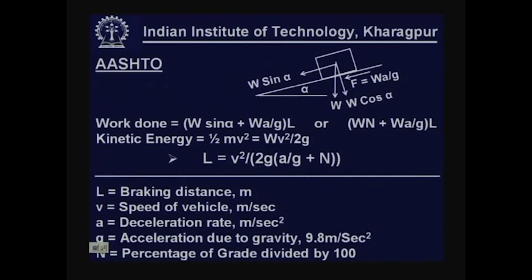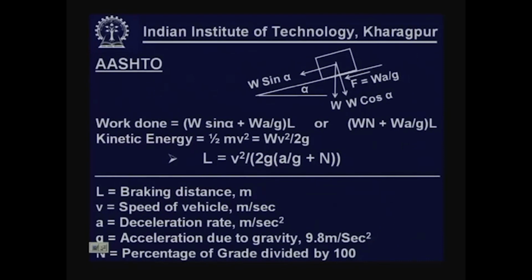The parallel component is taken as W by G into A. When we try to derive it based on IRC, we used small f into W cos alpha.